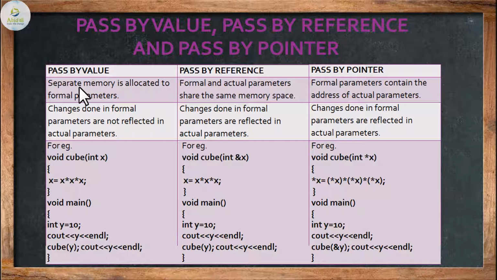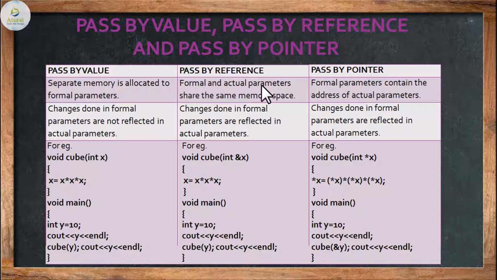So in pass by value, what will happen? Separate memory is allocated for the formal parameter. Where are the formal parameters present? They are present in the function prototype. In this example, the formal parameter is x, because void cube int x is the function, isn't it? So the first line of the function is called the function prototype. The parameter that appears in the function prototype is called the formal parameter.